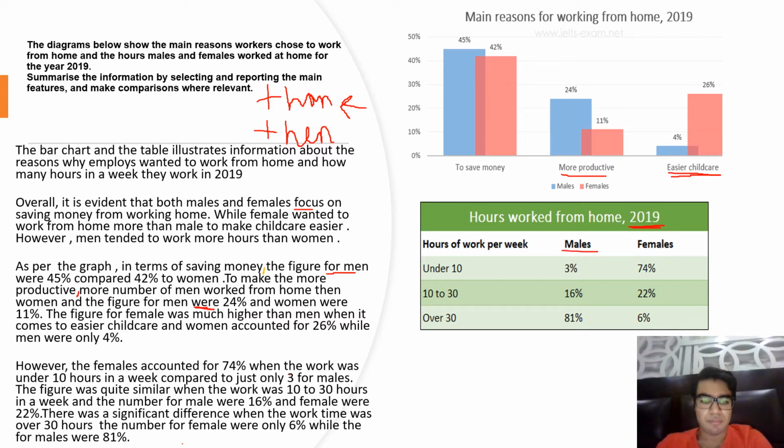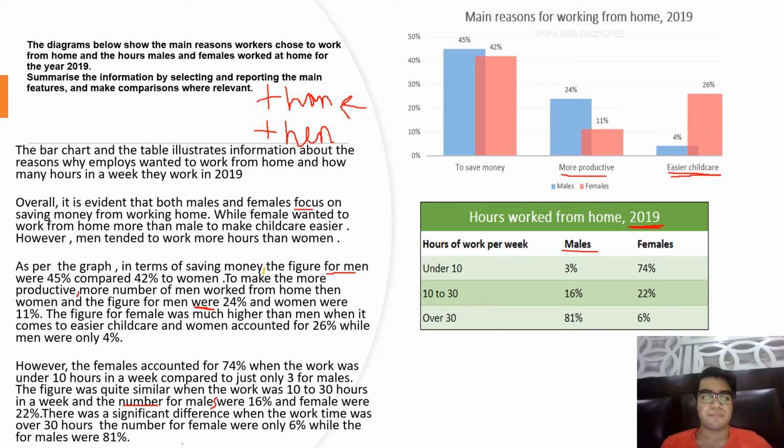And the number for males, put an S. And the number for males was, because you're talking about a single number. You're talking about the number, so it was 16%, and female were 22%.